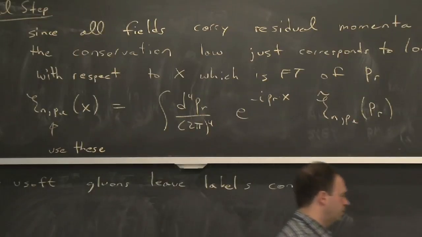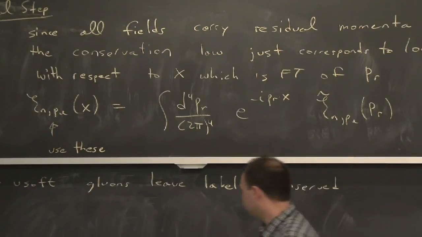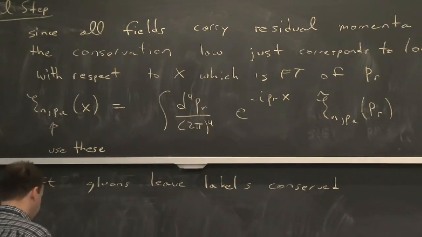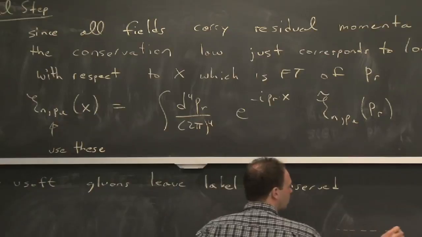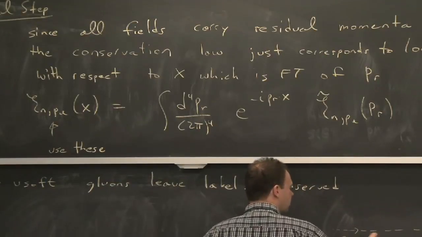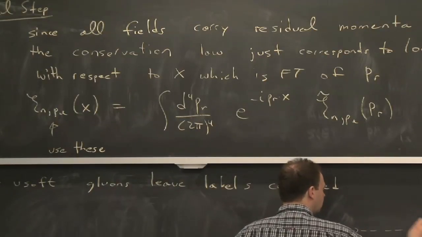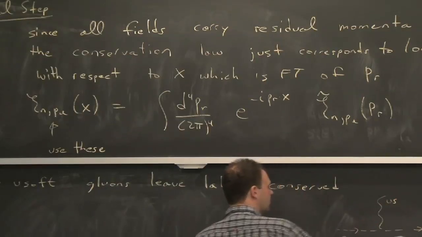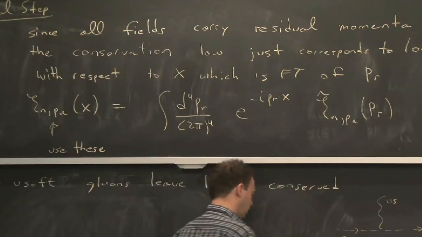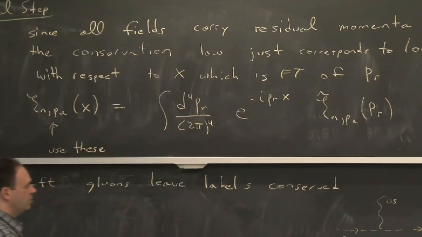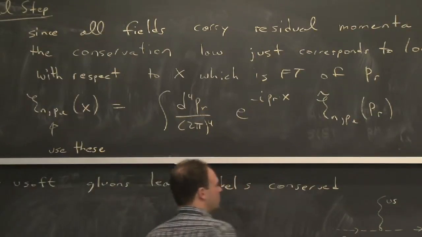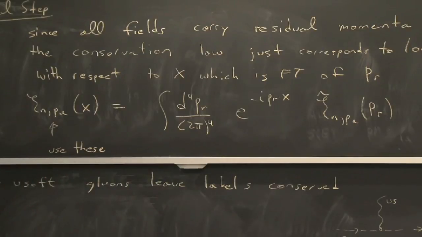The label of the field here is the same as the label of the field there, so that ultrasoft guys do not change labels. So this is PL, this is PL, and if this is ultrasoft, it's still labeled by PL, and the thing that can change is the residual momentum, and that's now encoded in locality and saying these fields all sit at the same point x.